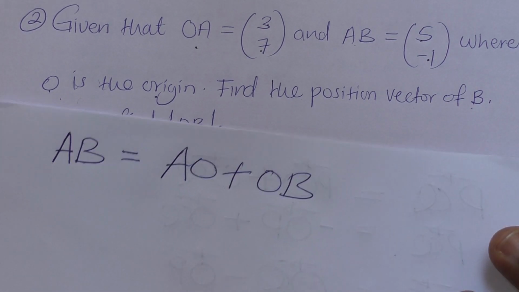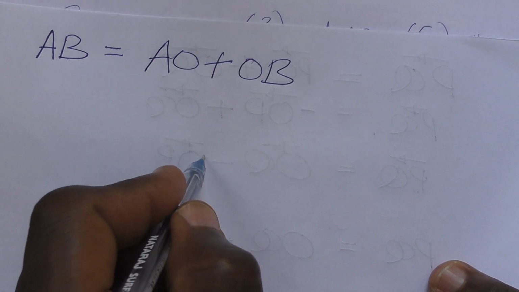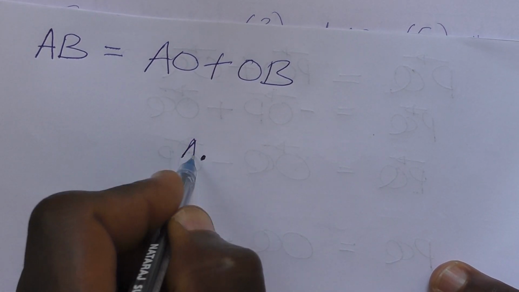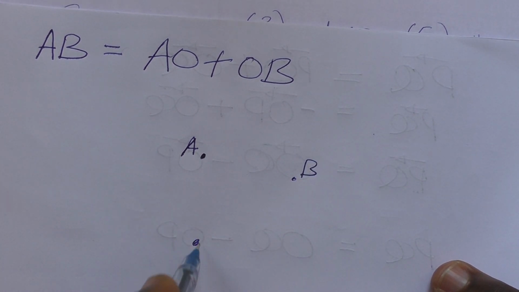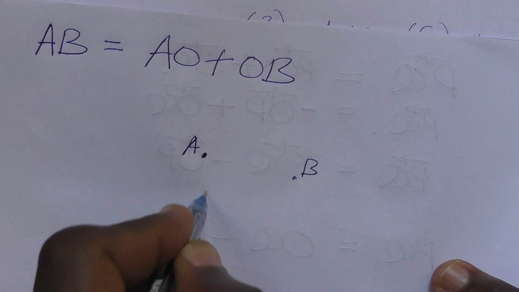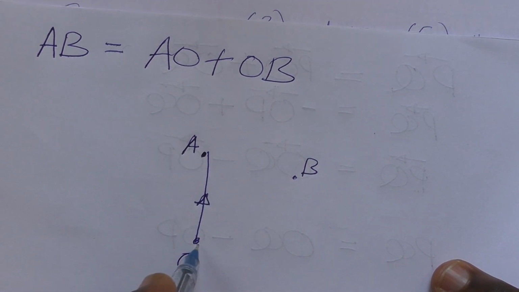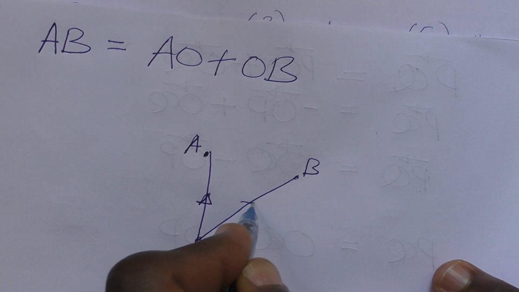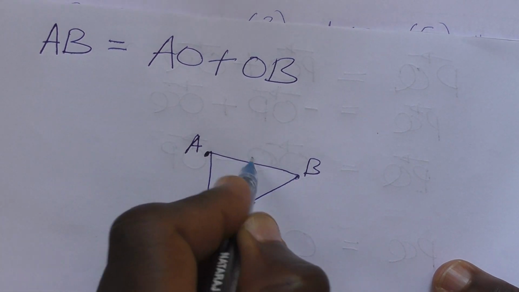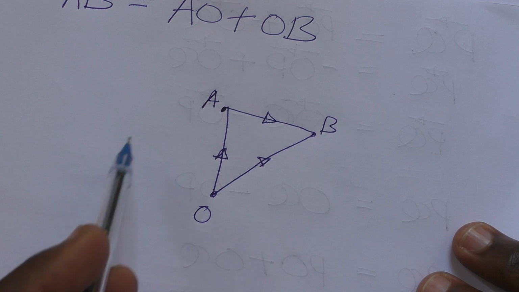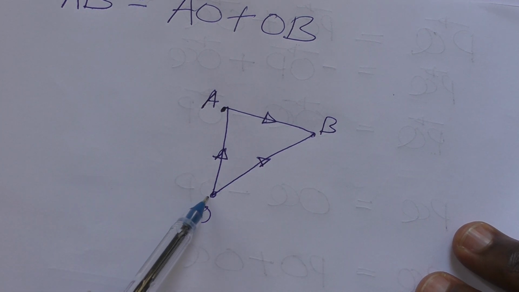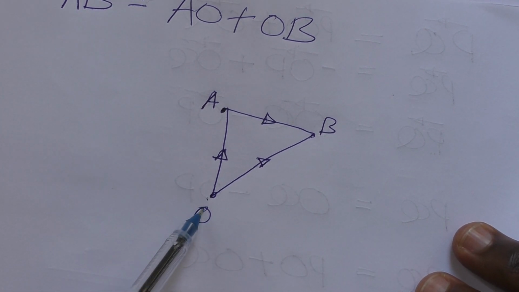But we can sketch this. We have A, we have B, we have the origin O. So we are supposed to move from O to A and from O to B. So that means that initially the direction is OA.